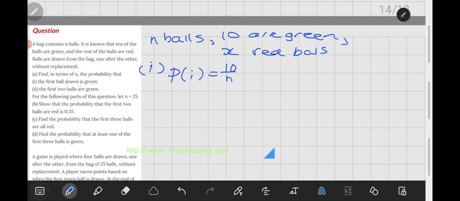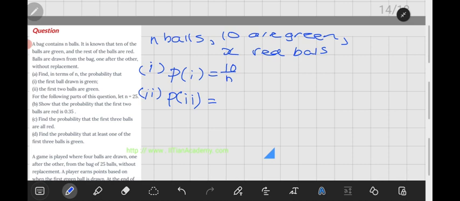Now for our second question, we're asked to find the probability that the first two balls drawn are green. So I've written the situation of choosing the first two balls as green balls out of our n, which is equal to 25.